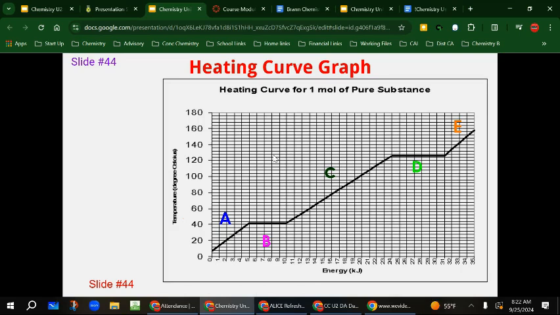when a substance is coldest, what state will it be in? Solid. So that area A, ladies and gentlemen, right there represents where it's a solid.